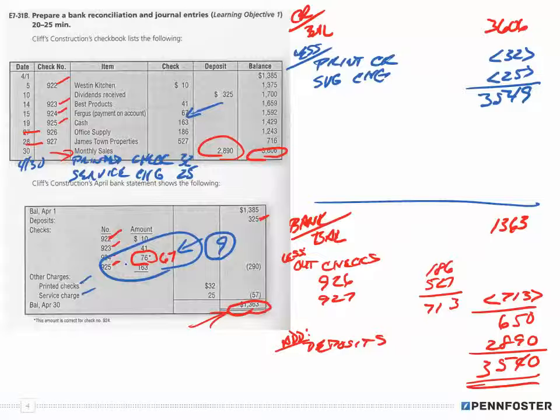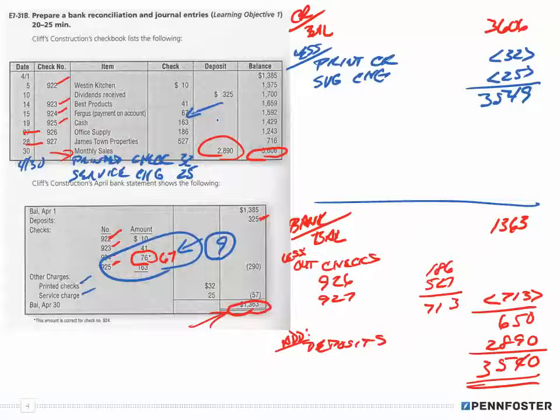So you have to figure out where the error is, and right now you have to reconcile the bank statement to the way it is. But if it was the bank's fault, then you'd have to have the bank correct it, and that would be part of your next bank reconciliation. But for right now, you have to take it for what it is.